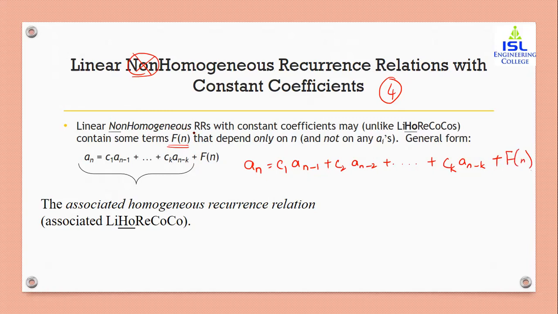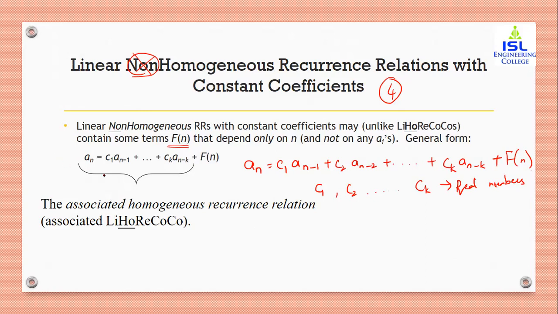For these linear non-homogeneous recurrence relations, you already know that c1, c2, and so on up to ck are all real numbers. This we have already studied with respect to the linear homogeneous recurrence relation, and f(n) is dependent only on n.